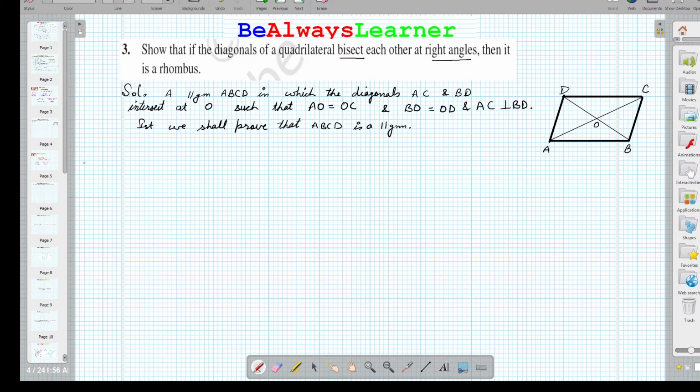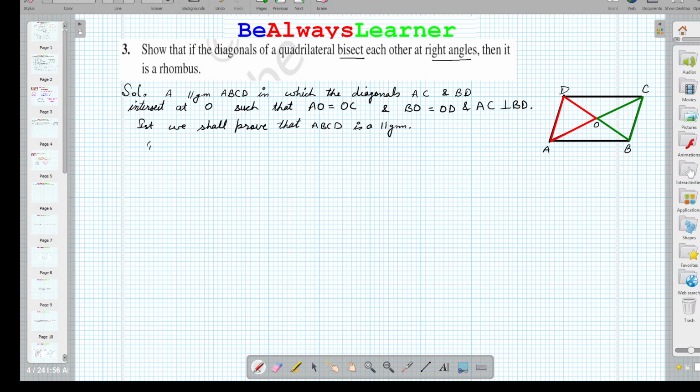So for that we are going to assume two triangles: triangle AOD, this is the one triangle we are considering here, and another triangle COB. One with the red and another is the green. So these are the two triangles we are assuming.